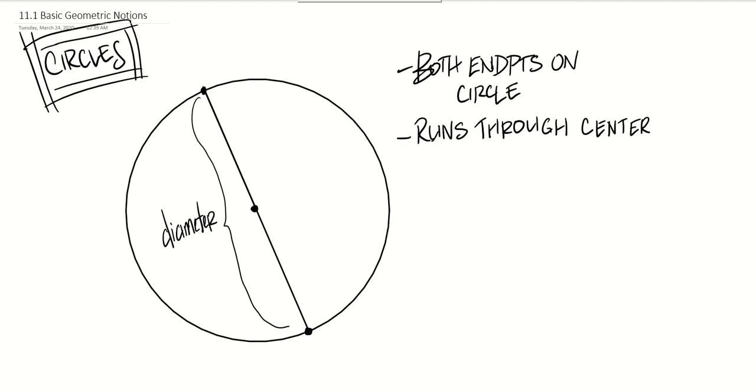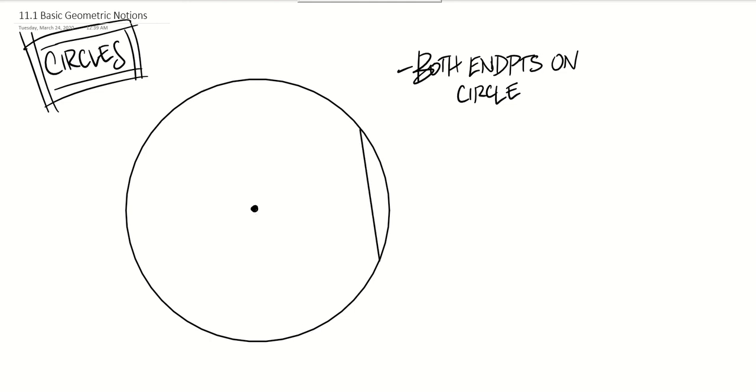So a diameter has defining characteristics. But let's say we took away one of those characteristics. Let's say we did not have the center as part of our segment. That means that our line would look like this segment here. This segment has both endpoints on the circle, which is important, but it does not run through the center.